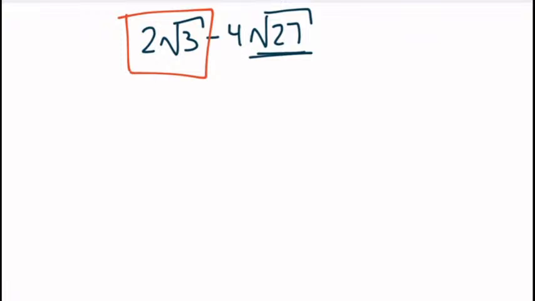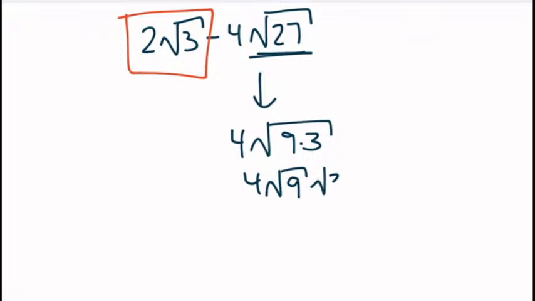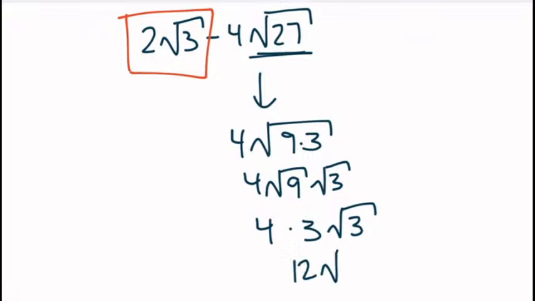And 27 is divisible, so we can turn this into 4 radical 9 times 3, and then separate 9 and 3 into their own radicals so that we can simplify radical 9 into 3. And then 4 times 3 is equal to 12, and we attach the radical 3 to get 12 radical 3. Since both terms are now in radical 3, we can subtract them.